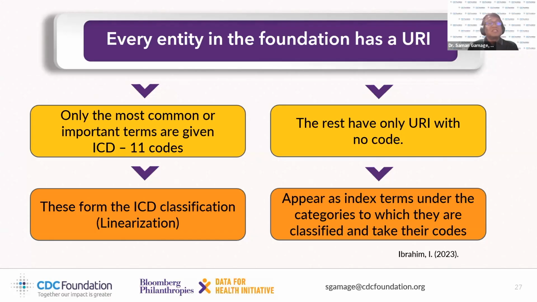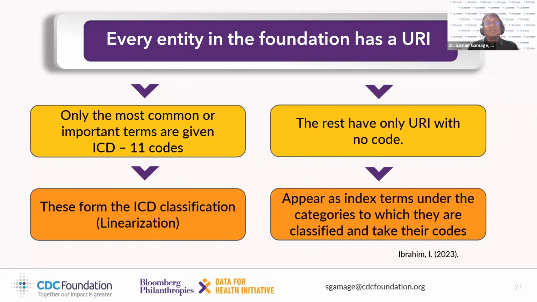I'll repeat this. Every entity in the ICD-11 Foundation has a URI. Only the most common or important terms are given ICD-11 codes, and they form the ICD classification or linearization. The rest have only a URI with no code.